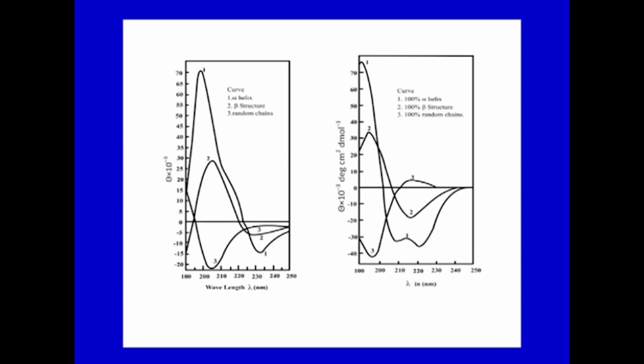For alpha helix there are 2 peaks here, but they do not seem to be in ORD. Likewise, the peaks are much more clear and distinct in CD spectra as compared to ORD spectra.